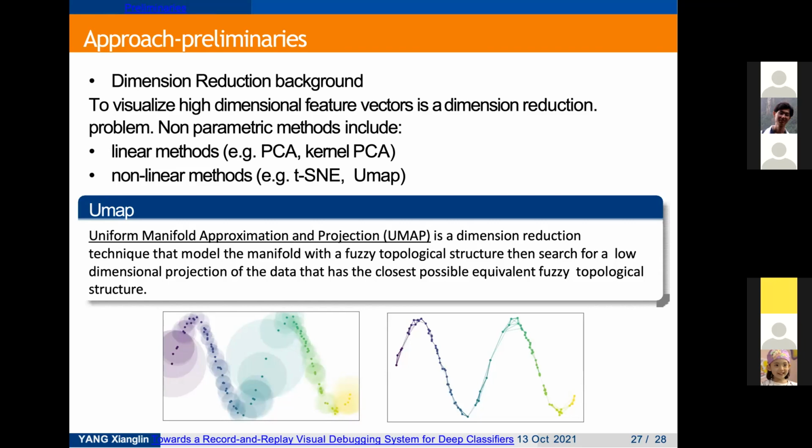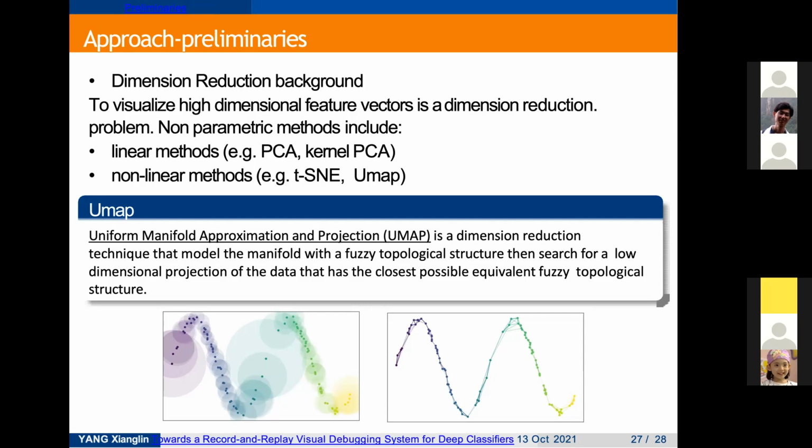The first part is some linear methods like PCA and kernel PCA, which try to find the principal components and then only reserve the top, probably top 2 or top 3 directions. And for the nonlinear methods, we have some works like t-SNE and UMAP. The high level idea is that they want to preserve the neighbors after dimensional reduction.